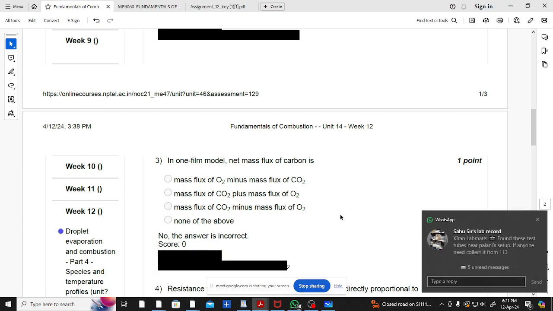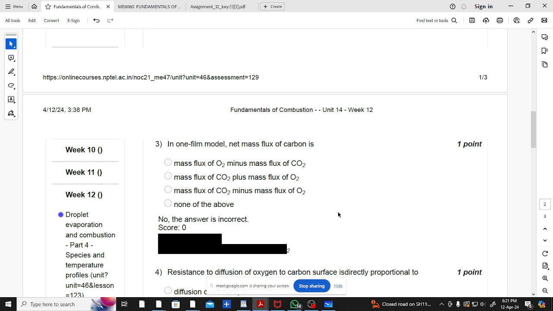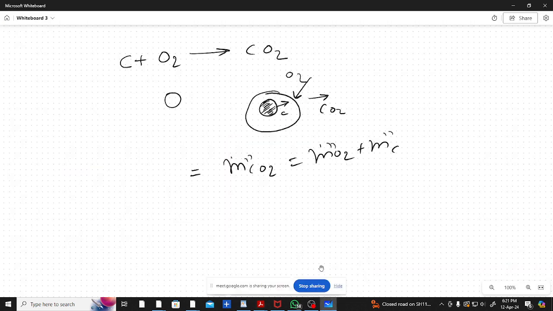The mass flux of CO2 minus the mass flux of O2. O2 minus CO2 or CO2 minus O2? CO2 minus O2.